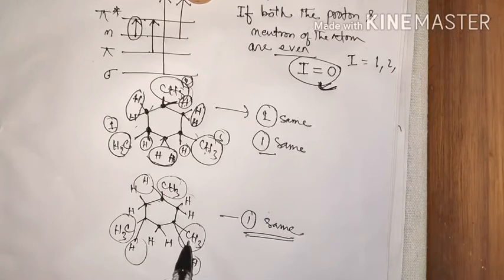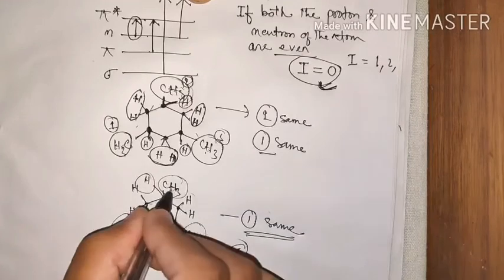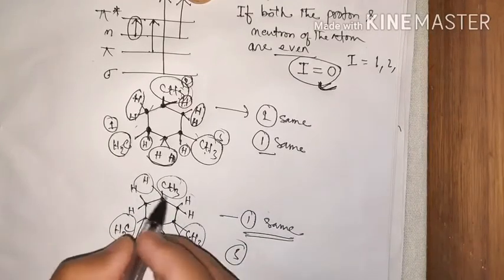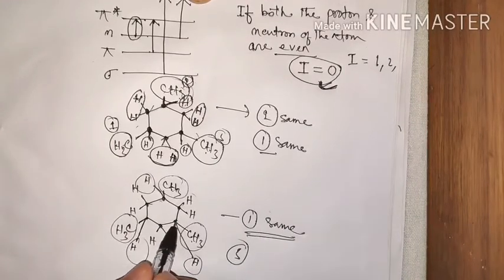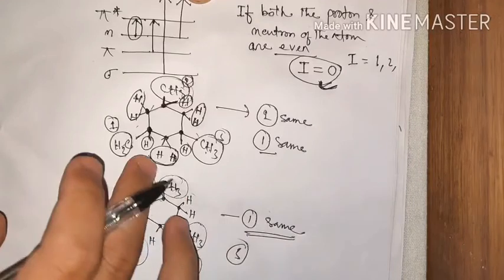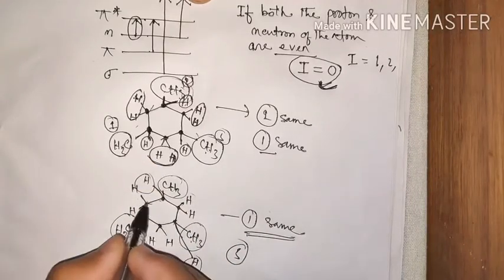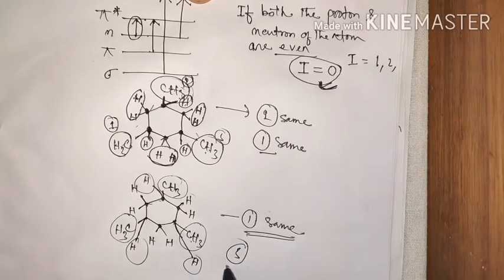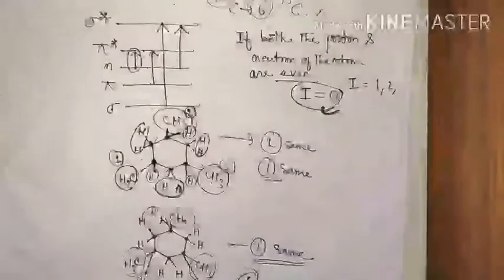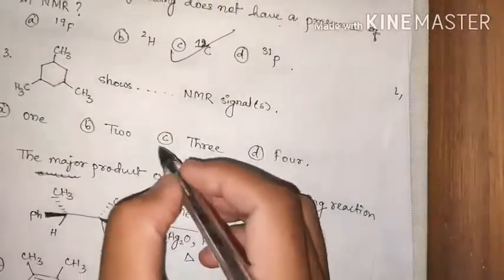So together there are three signals: one from all these three methyl groups, second from the hydrogen attached to this carbon atom to which the methyl group is attached, and the hydrogens which are not attached to the carbon atom to which this methyl group is attached will also give a single signal. So total three signals will be there. In the options we have 1, 2, 3 and 4, no? So this will be 3 only.